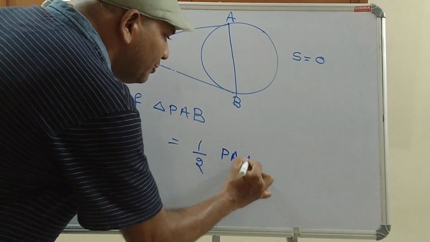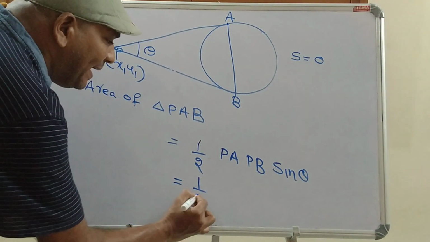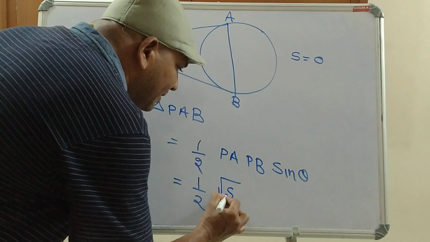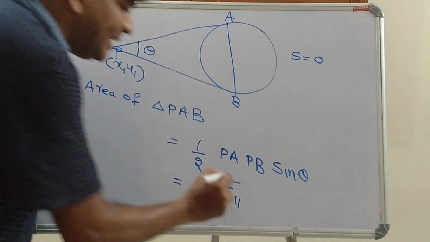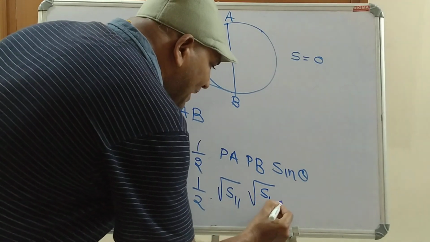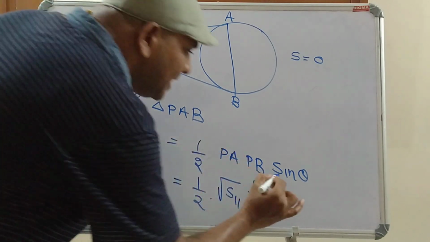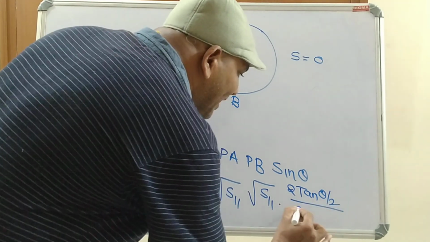So that equals 1 by 2 into PA, the length of the tangent from x1, y1 to S = 0, that is root S11, into PB, the length of the tangent from x1, y1 to S = 0, that is root S11, and sin theta. We have one formula: sin theta equals 2 tan theta by 2 by 1 plus tan square theta by 2.